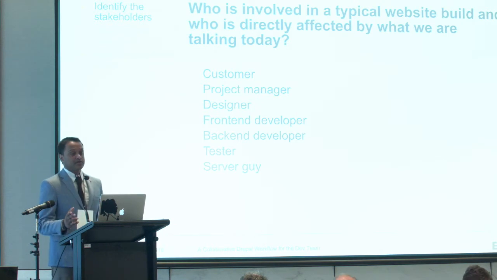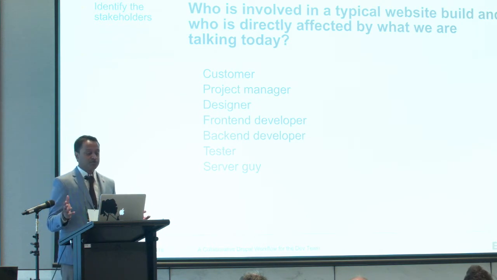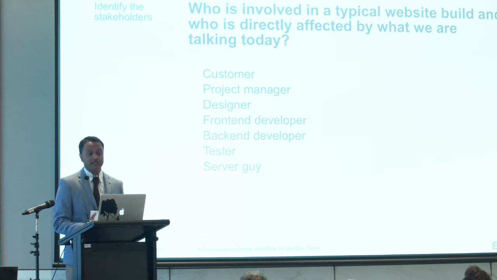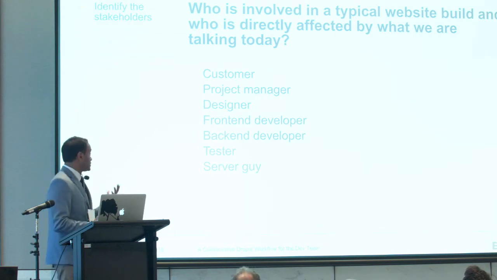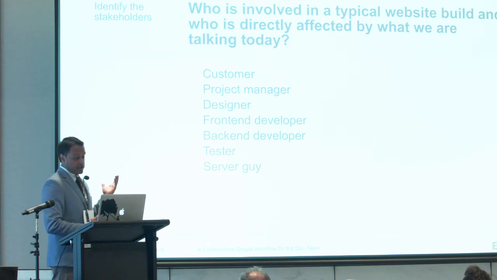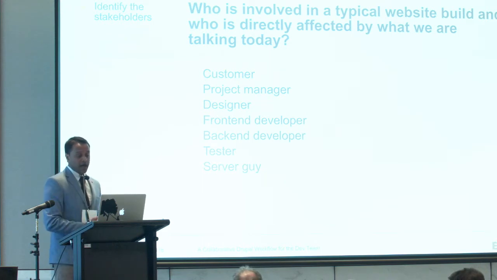It is critical to understand the whole show is actually run by people. So naturally, the first step for us was to identify the key stakeholders. In a typical web project, you have your customer, the project manager, the designer, front-end developer, the back-end developer, a tester, and some server guys who would set it up.